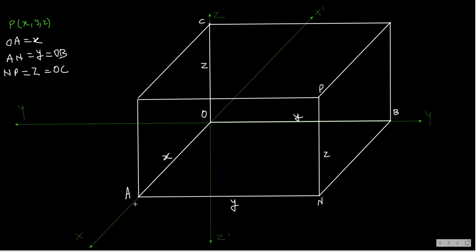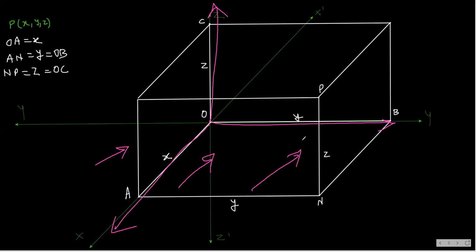It has positive of the x-axis, positive of the y-axis, and positive of the z-axis. See, if I push this cuboid that side, what will happen?